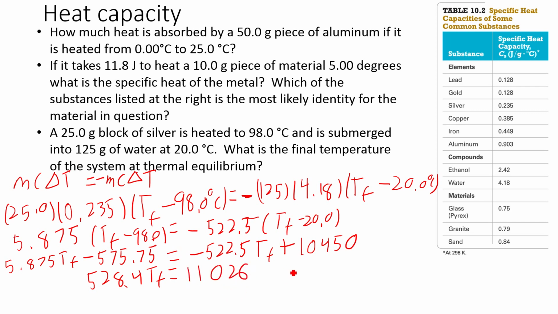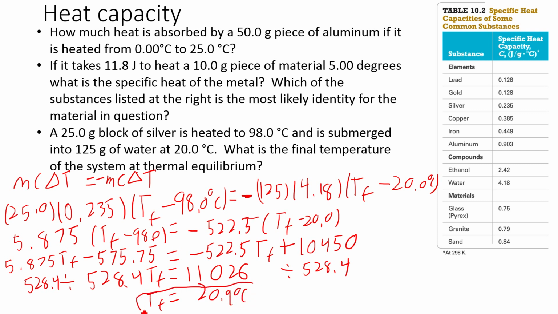Then all we have to do is divide both sides by 528.4. This will get us the TF by itself, and this will get us to a TF equal to 20.9 degrees Celsius.